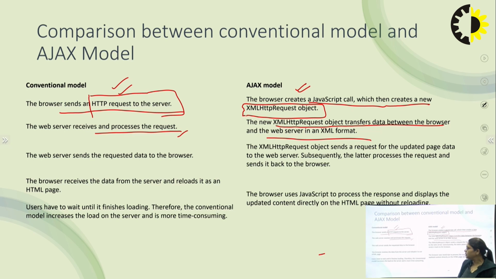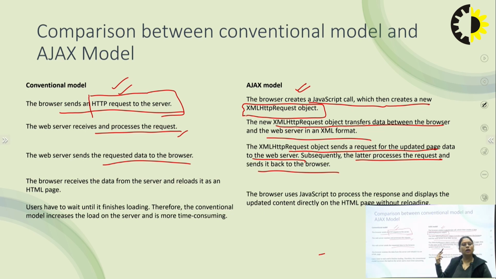Now the third difference is how web servers send the requested data to the browser. In the Ajax method, the XML HTTP request sends a request for the updated page data to the server, and the server later sends the processed response back to the browser. Means in this Ajax model, your data request and response both go through the XML HTTP request or response.